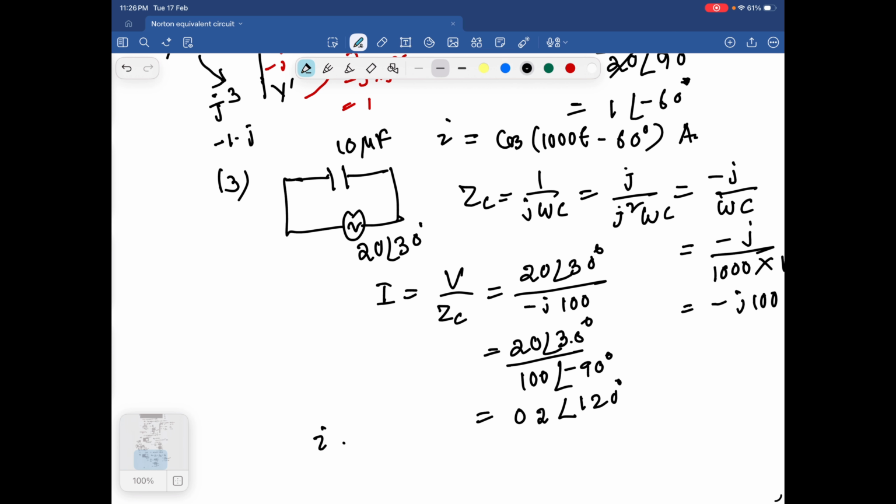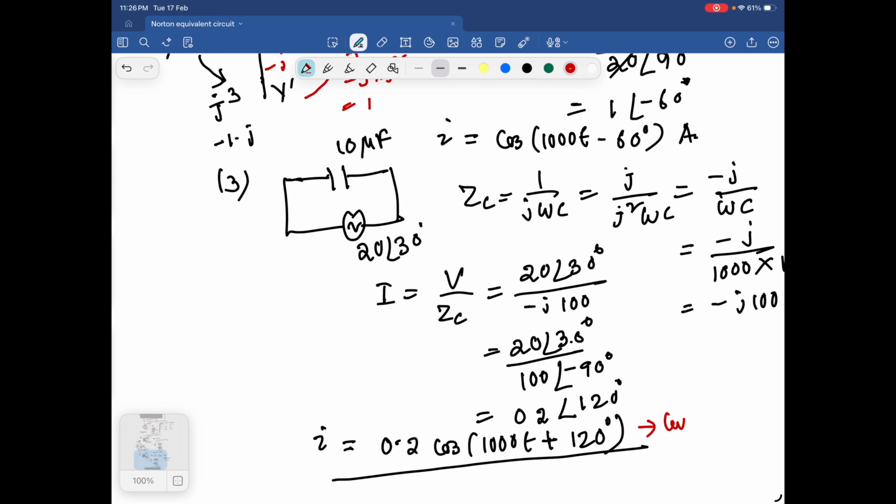So instantaneous current I is equal to 0.2 cos of 1000 t plus 120 degree. So in case of capacitor, current leads voltage.